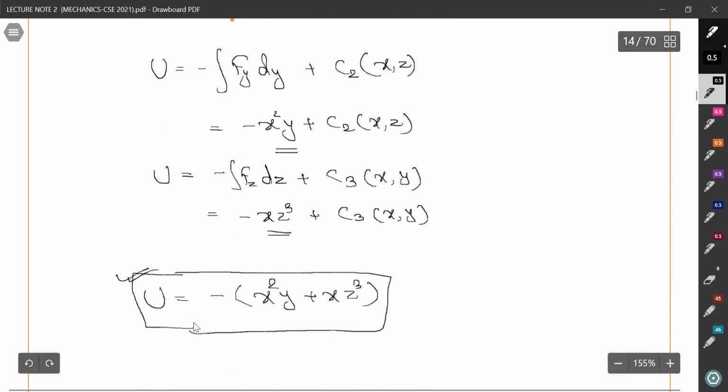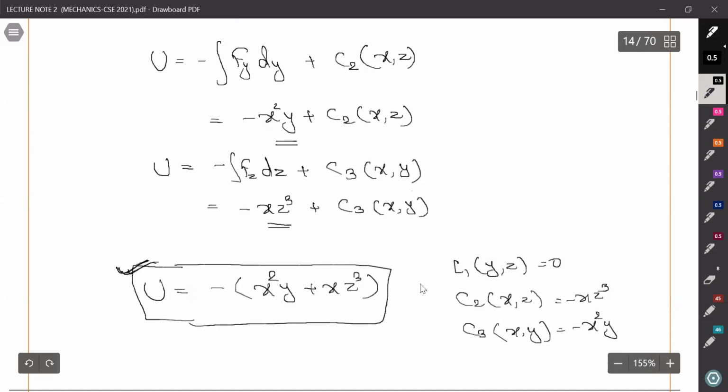So this term contains all of the above. From here we can also determine c1, a function of y and z, will be equal to 0. c2(x,z) equals minus xz³. So it's satisfying already. c3(x,y) is also equal to x²y. So all of these are satisfying this relation. Okay, so this is from the previous year question.